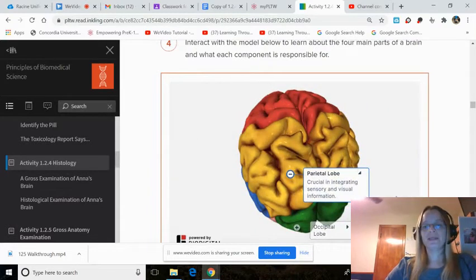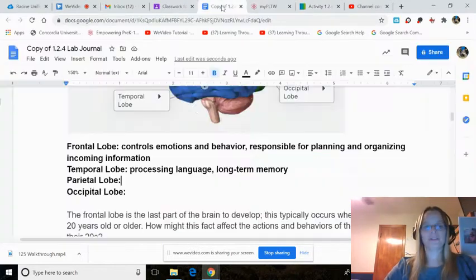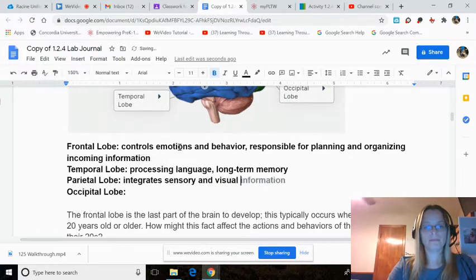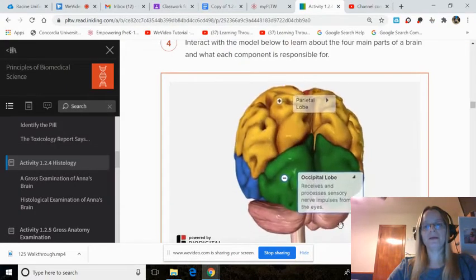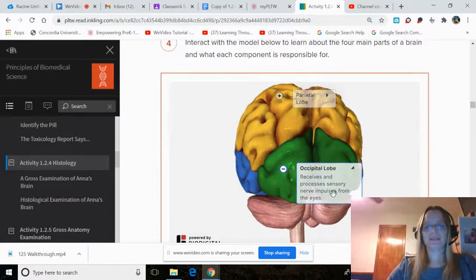So in integrating sensory and visual information. Perfect. Sensory and visual information. It's cool, right? And then the occipital lobe, let's see, receives and processes sensory nerve impulses from the eyes.